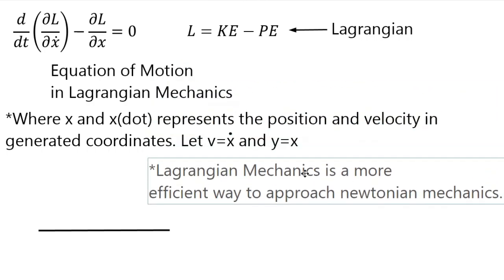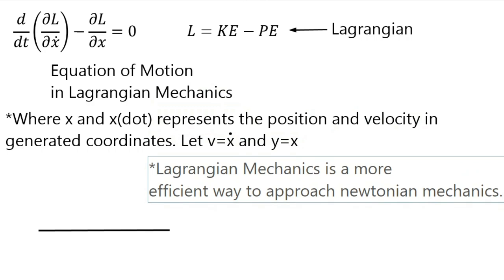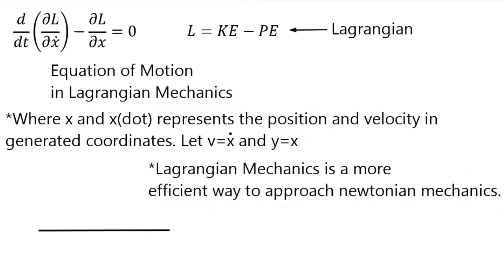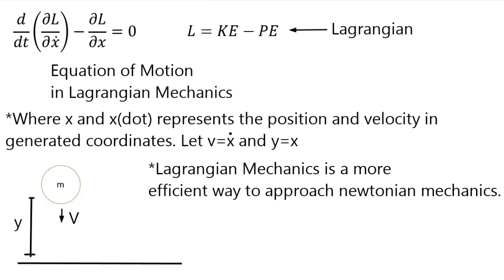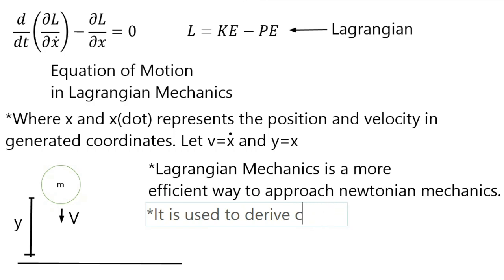Lagrangian mechanics is a more efficient way to approach Newtonian mechanics. This is more useful in complex classical mechanics problems. If we do have a lot of forces acting on an object, then we cannot use the old way, Newtonian mechanics, so we're going to use Lagrangian mechanics.